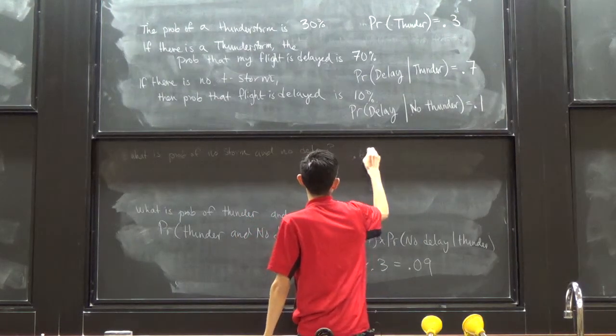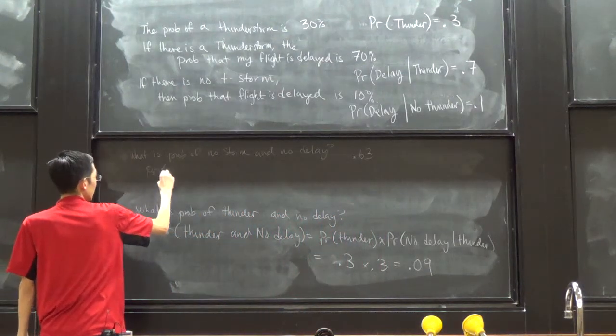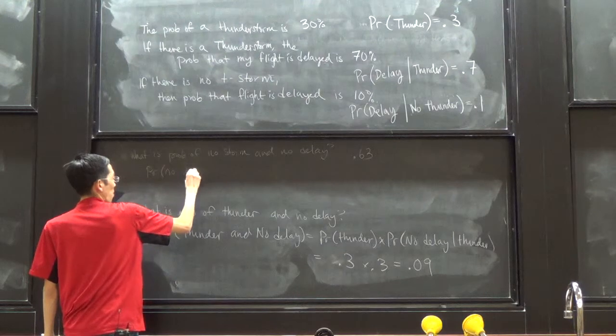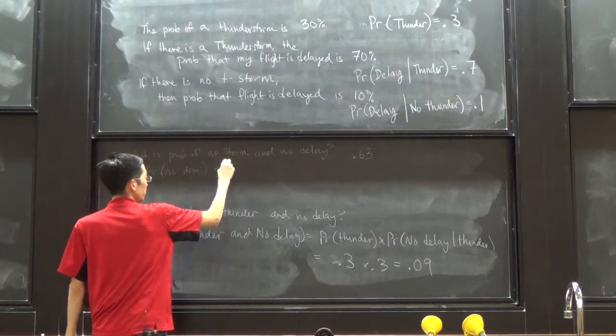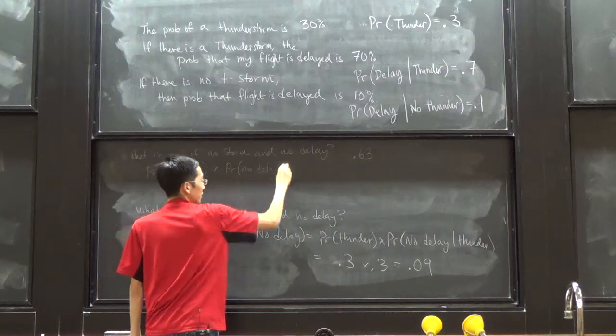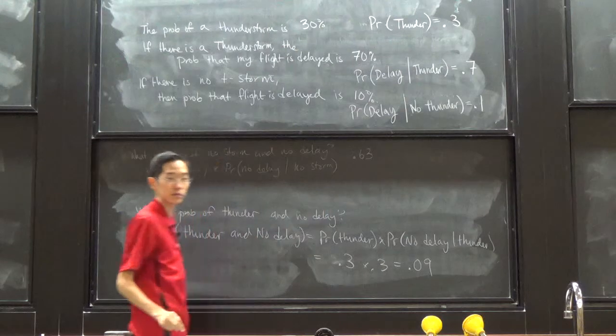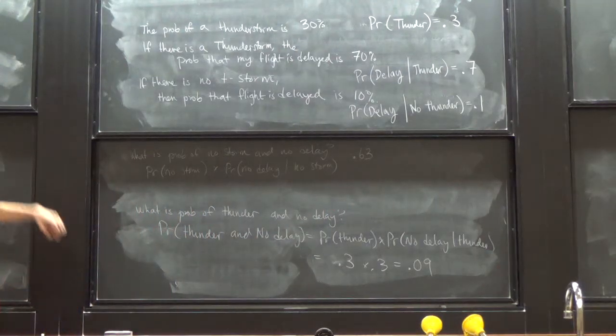0.63. That's what I'm getting. Okay, so this would be the probability of no storm times the probability of no delay given no storm. Is that okay? All right.